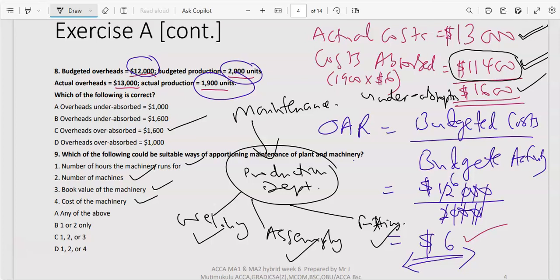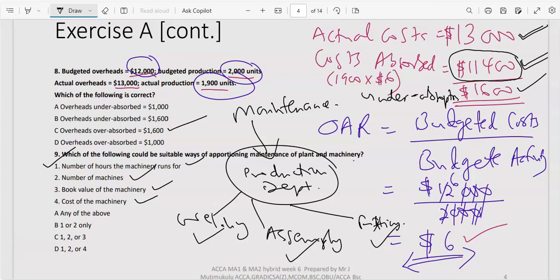Number 1, if we consider the apportionment based on the hours the machinery runs for, here we are being systematic, okay, because it's actually reasonable. The number of hours the machinery is being used should actually be the basis for the maintenance. That's a proper basis.